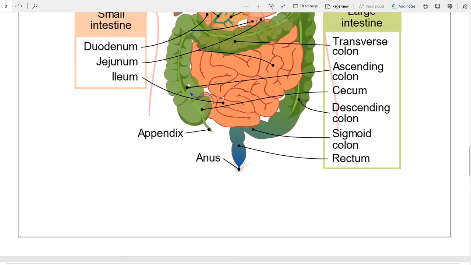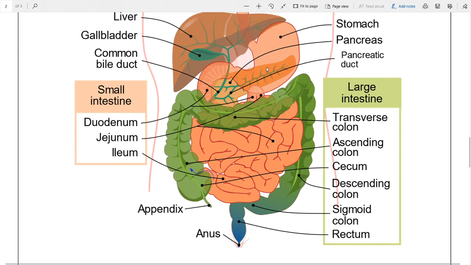Means after digestion, when the digested food enters the small intestine, furthermore, proteins and fat digestion takes place here, because bile juice is very important for the digestion of fats, because fats are very large globules and the emulsification of fat is possible due to the bile salt secretion.